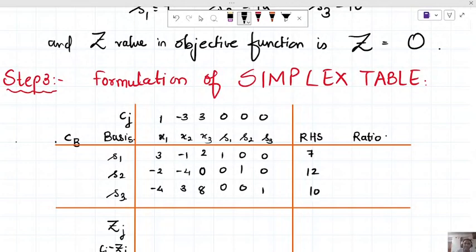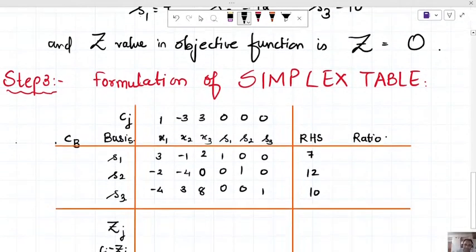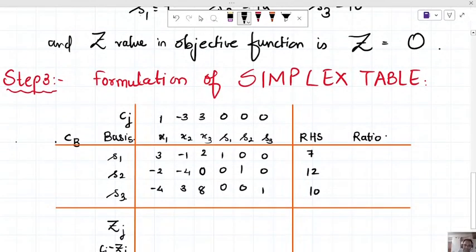Now remember, this RHS is nothing but the values that you got for s1, s2, s3. That's why you can see s1, s2, s3 are there as the basis, and their answer is the RHS. All this is connected.